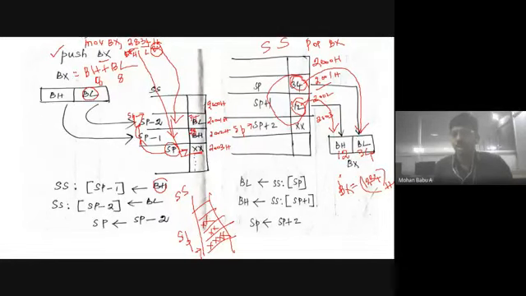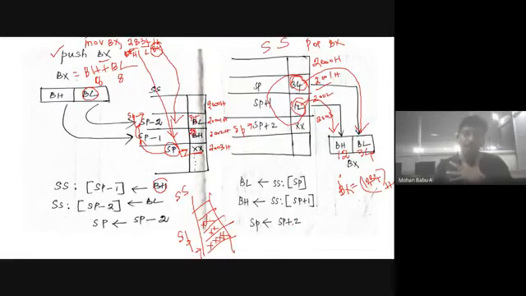If you move these two data out of the stack, these two blocks are empty. The stack pointer always points to the address location present on top of the stack segment. Now the stack pointer is moved to SP plus 2.